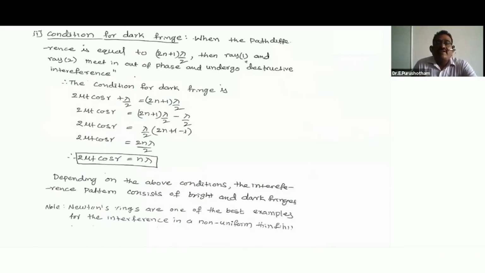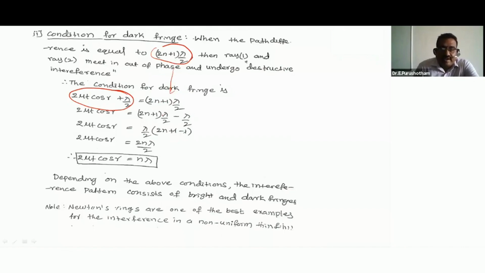Condition for dark fringe: in Young's double slit, ray 1 and ray 2 meet out of phase and give destructive interference. Here 2 mu t cos r plus lambda by 2 is the path difference, so the condition is 2n plus 1 lambda by 2.